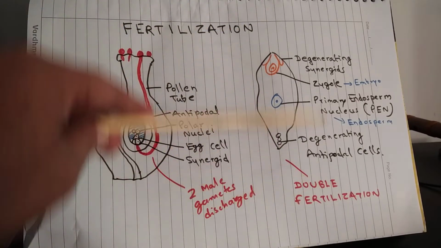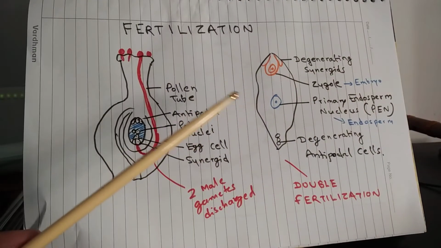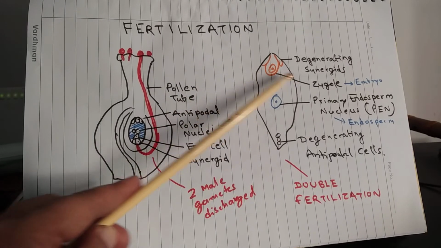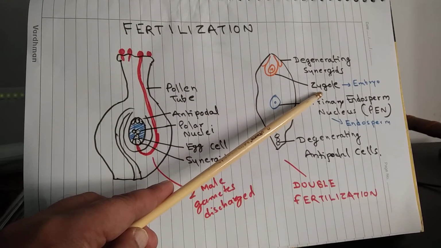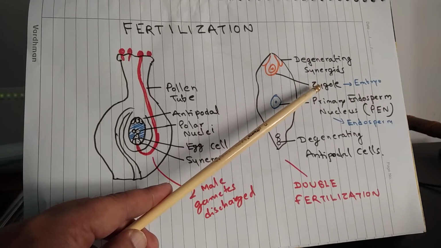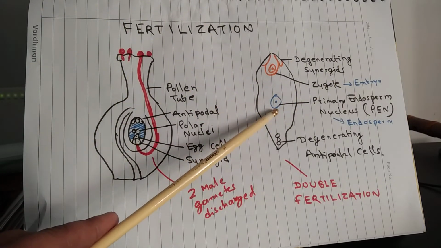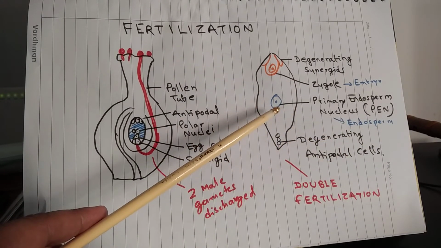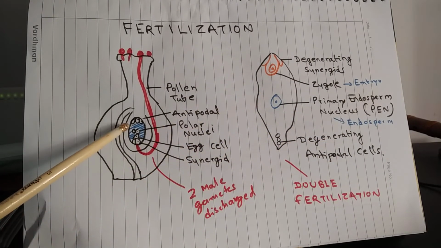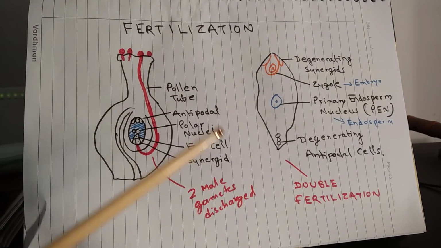This shows the phase after fertilization. This is the zygote, which was formed because of fusion between the egg cell and one of the pollen nuclei, and this is the primary endosperm nucleus or PEN. This is formed because of fusion between the secondary nucleus and one of the pollen nuclei.